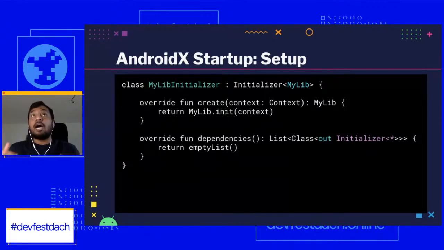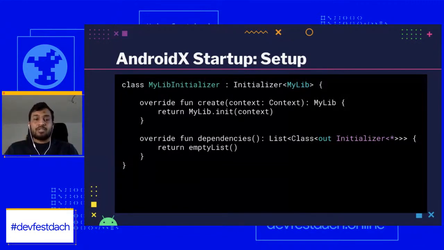What you're doing now is that instead of creating MyLibInitProvider and extending from ContentProvider, you are creating MyLibInitializer and extending from Initializer, right? The Initializer class has two functions: create and dependencies. You can notice that in the create function, MyLib is getting initialized with the context. And then in the dependencies section, it is an empty list.